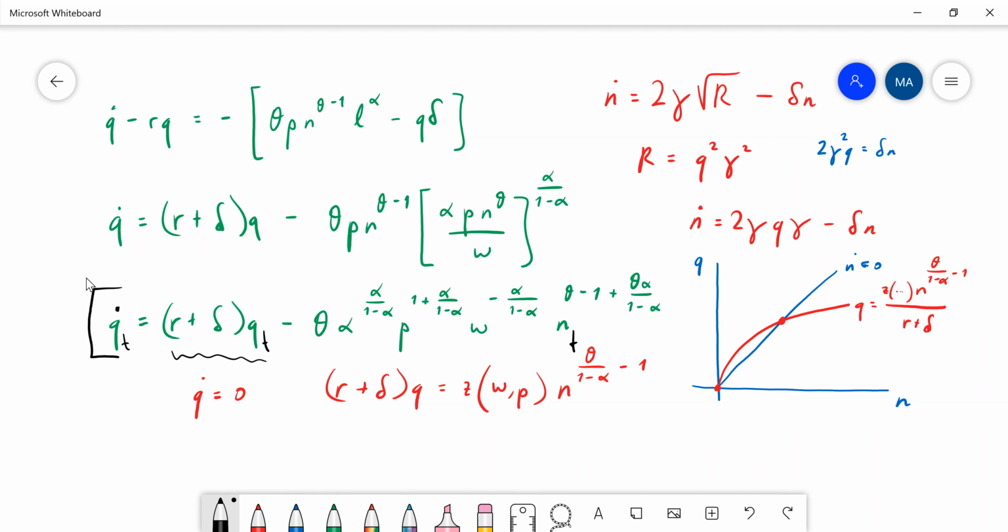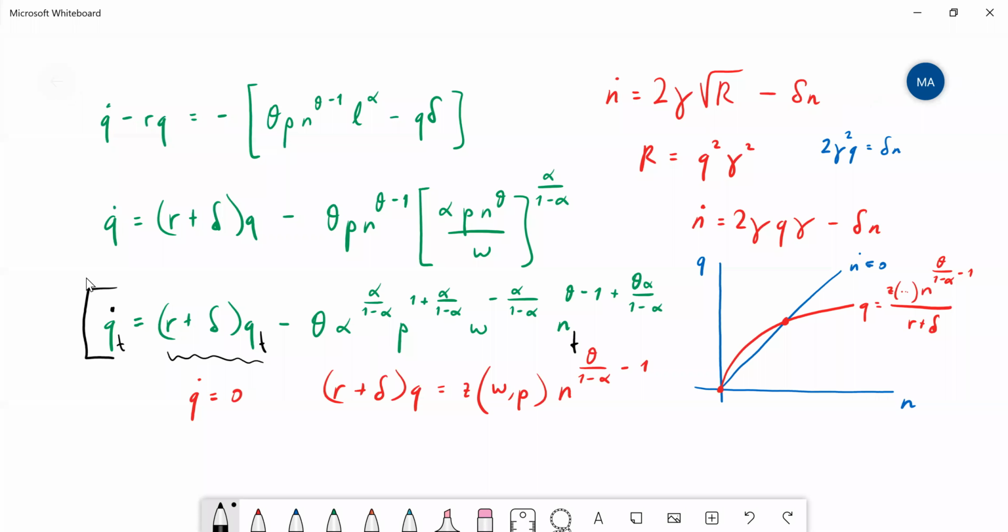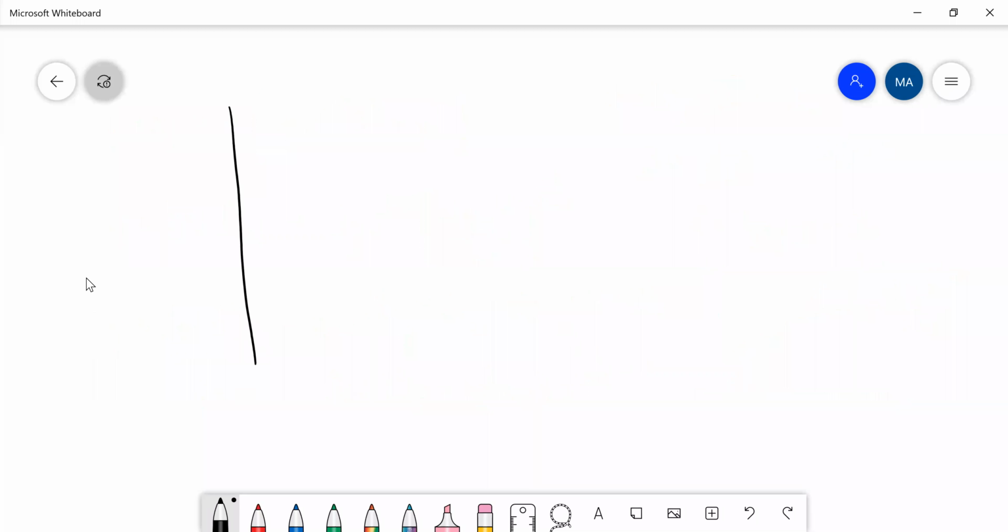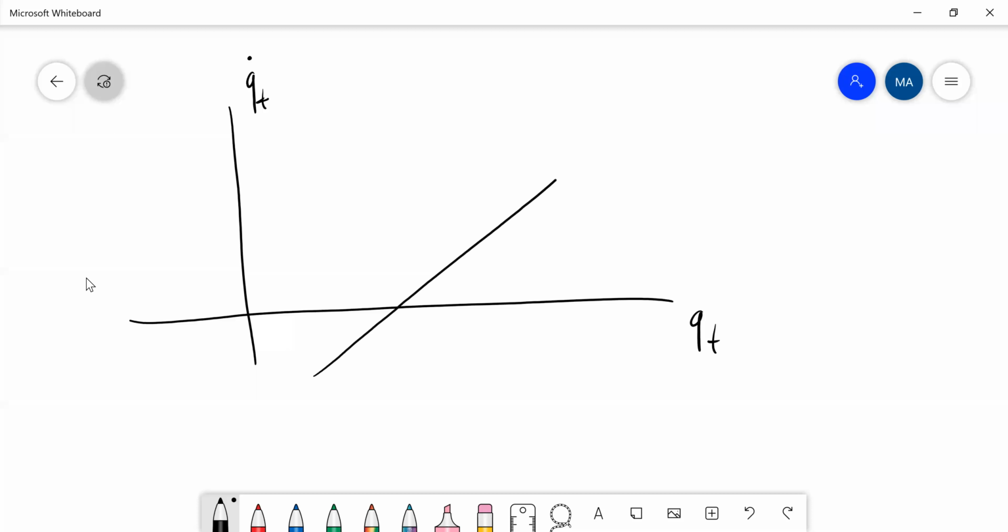Now, in some papers, you will see that the author will leave that equation as it is and create a dynamical system. In some other papers, which are more meaningful in my understanding, you're going to see that this differential equation is an unstable differential equation. Because if you draw the phase diagram for Q(t), you have something like this.